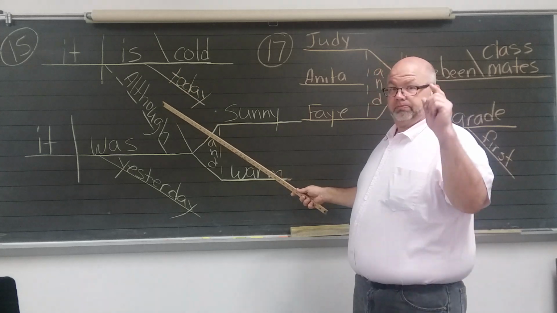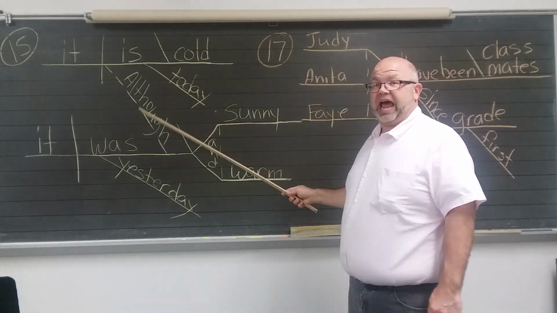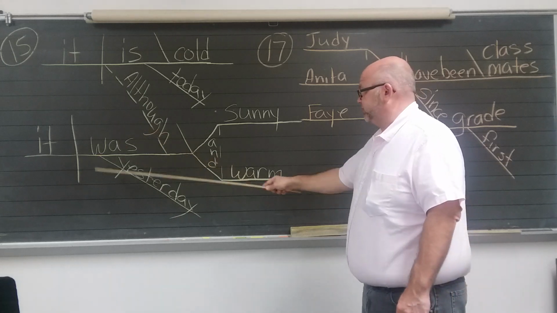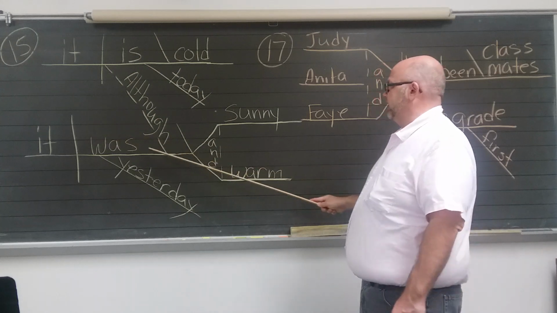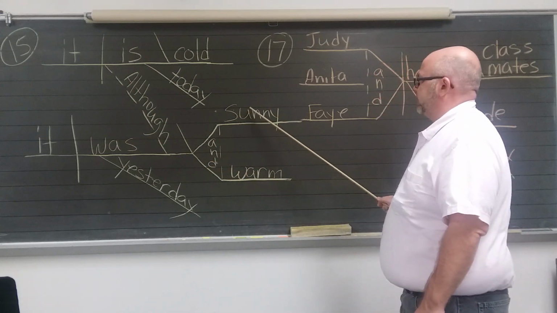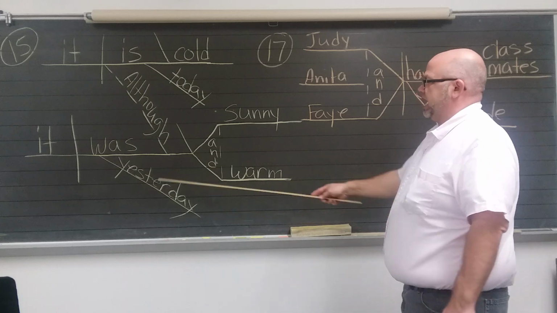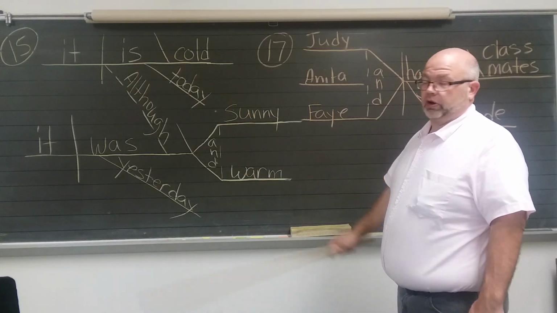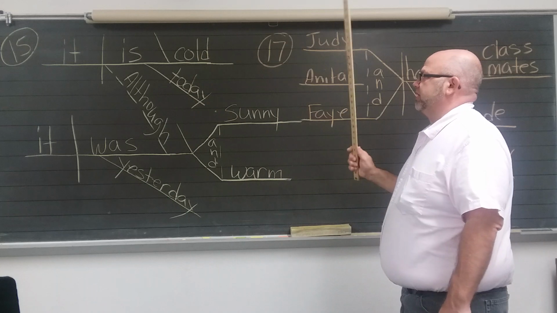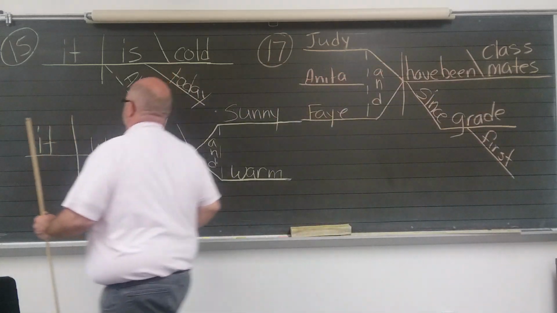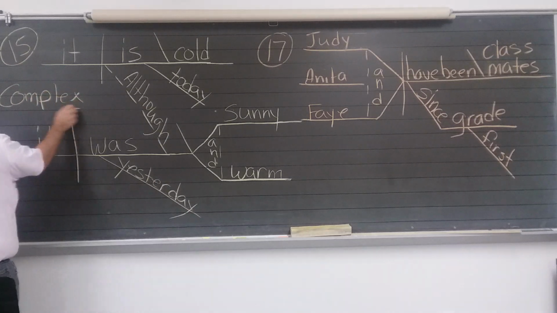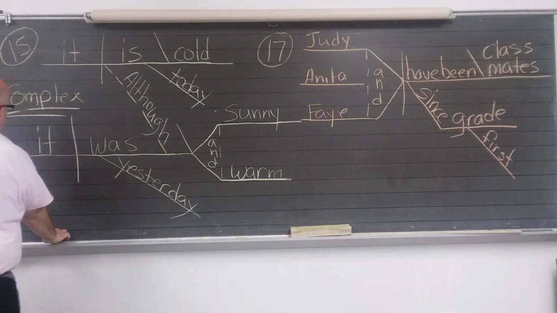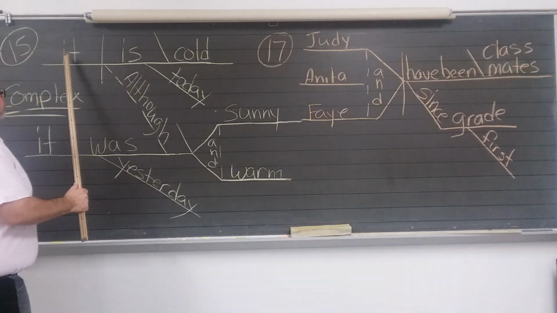Subordinating conjunctions introduce adverb clauses. So this goes to the verb, verb. It was compound predicate adjective, sunny and warm, adverb, yesterday. All right? Complex sentence. This is complex. Independent clause with one dependent clause.